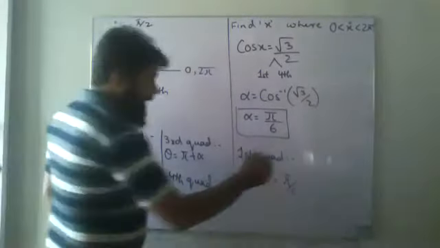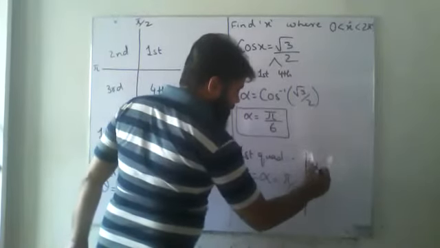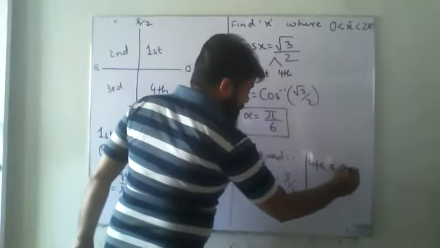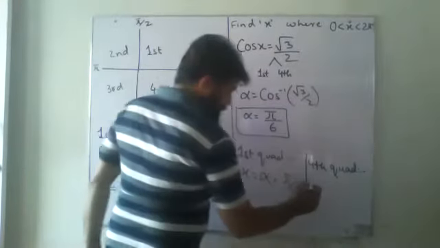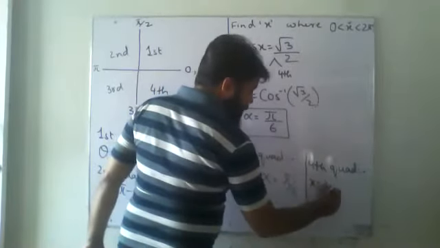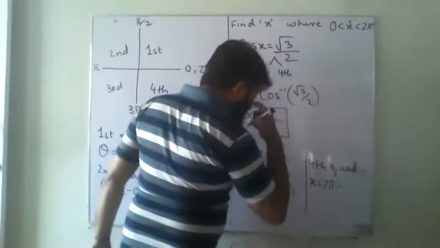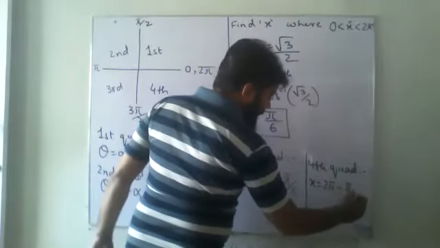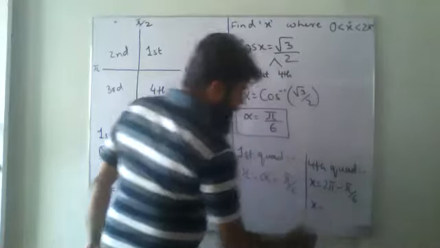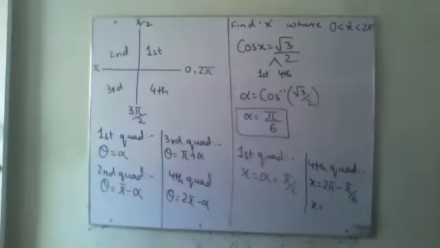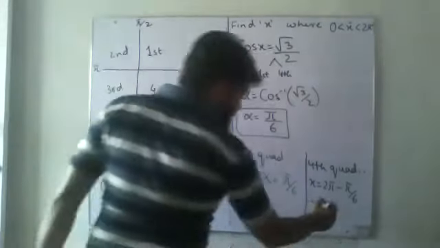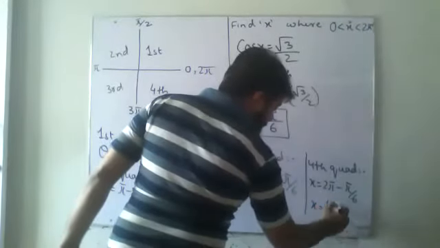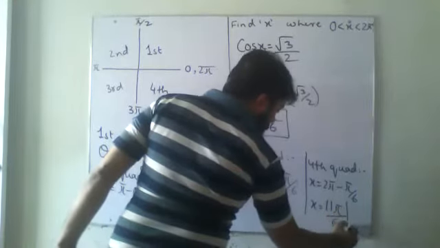Then for the fourth quadrant, x equals 2 pi minus alpha, which means 2 pi minus pi over 6, and when I simplify this, the result comes to 11 pi over 6.